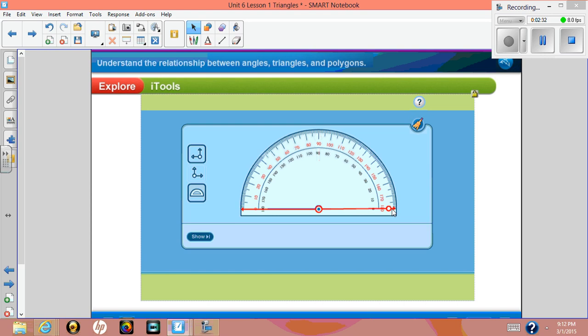It's just exactly straight. Anything greater than 90 degrees is an obtuse angle. It is going to be greater than, and do you see the angle that is formed here? Anything smaller than 90 degrees is going to be an acute angle, smaller than 90.